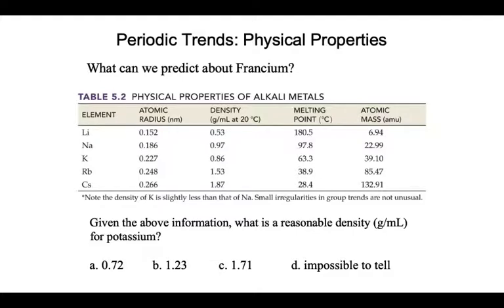What was the density for potassium? What did we guess? What do you think? Is B still the correct answer? B is the correct answer still because that was the information we had at hand.